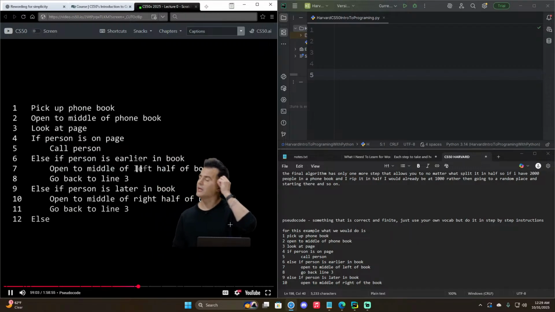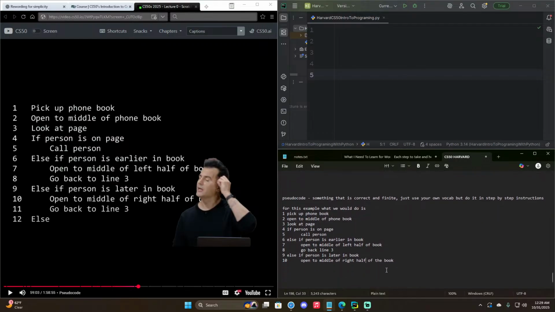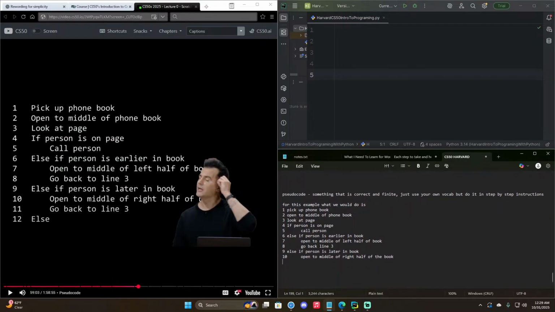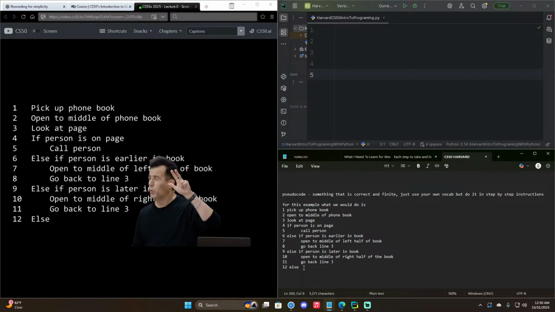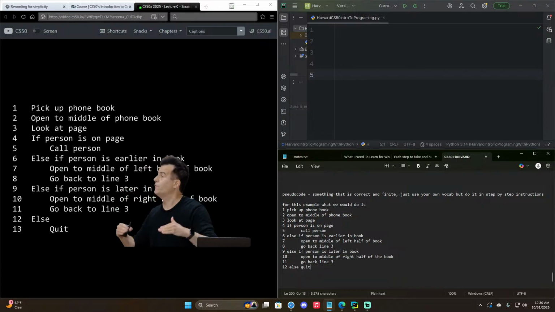Case, if the person like John Harvard is not on the page, is not earlier, is not later, what's the fourth scenario we'd best consider? He's just not there, else we should do something specific like quit.